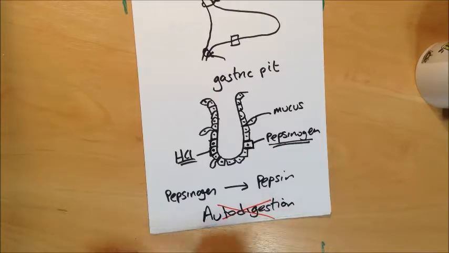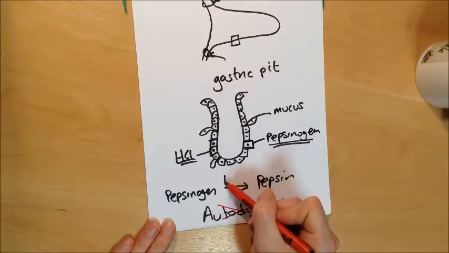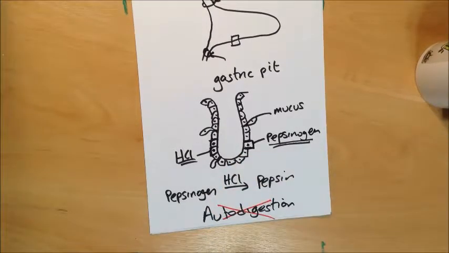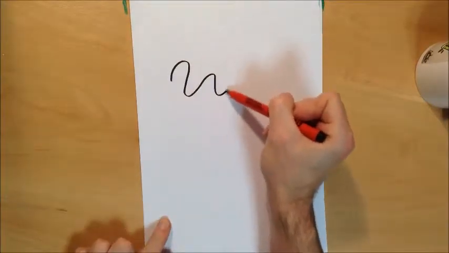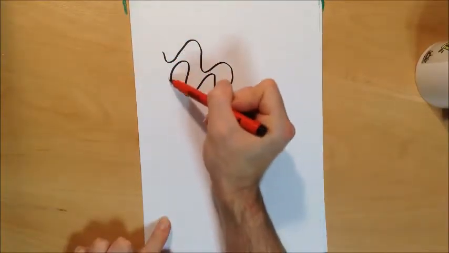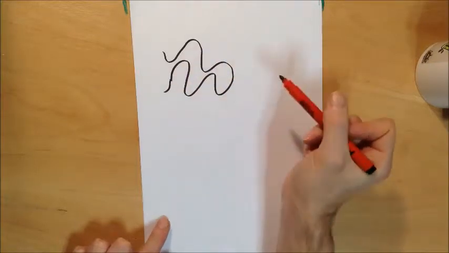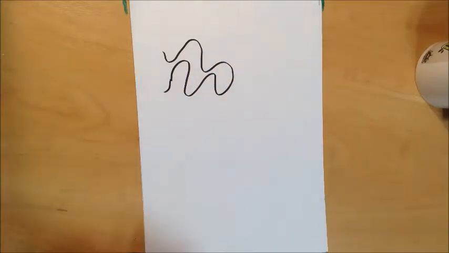any autodigestion. So the cells make pepsinogen, which is an inactive precursor, which is then activated by the hydrochloric acid which is present in the stomach acid. And that starts off protein digestion. And how pepsin works is if you've got a protein there with tertiary structure, what pepsin does is it acts like a pair of scissors, if you like.